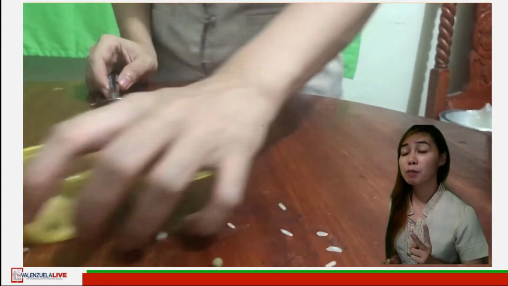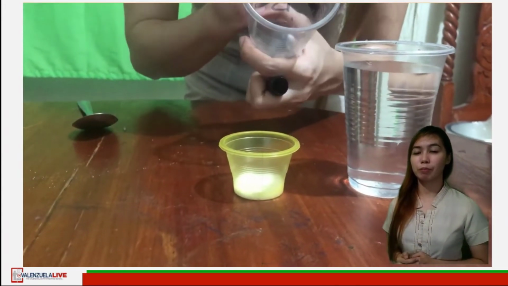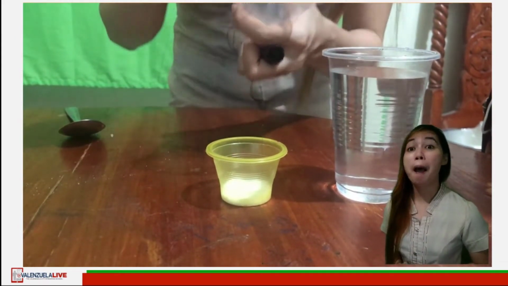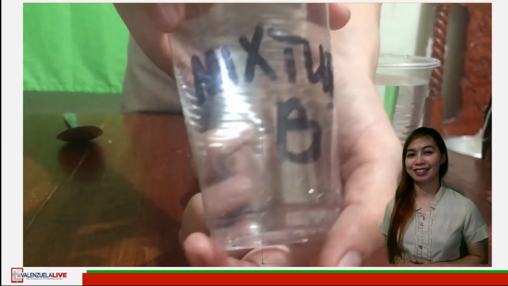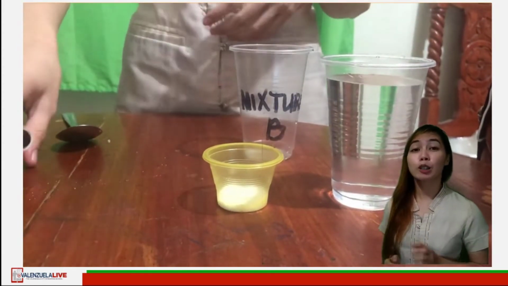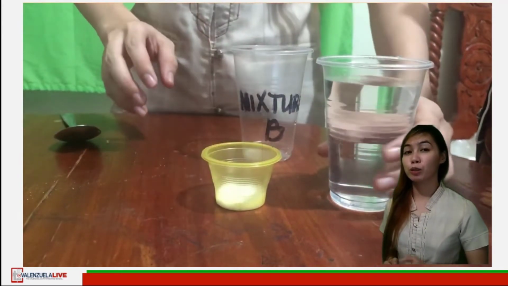For our second mixture, let us again label the second cup as mixture B. Let us pour the water into the other cup.